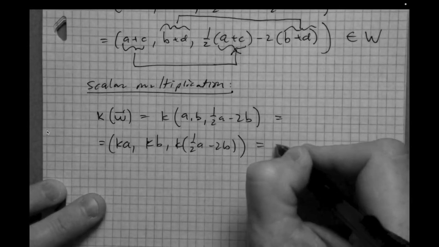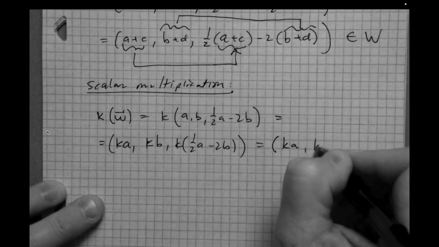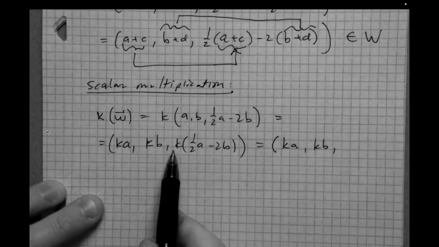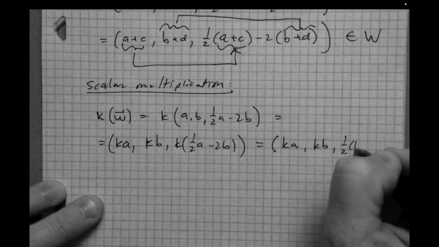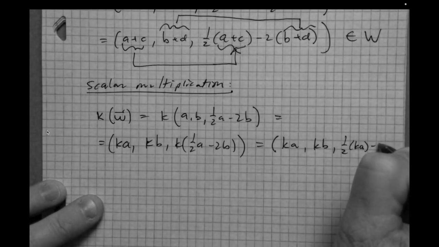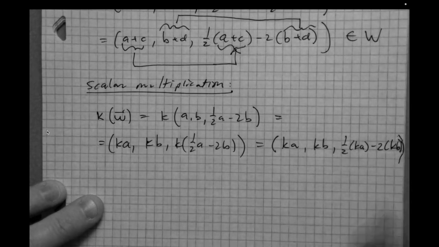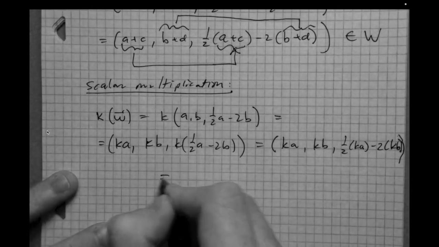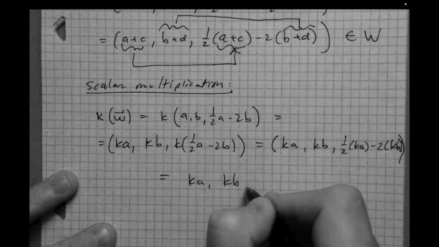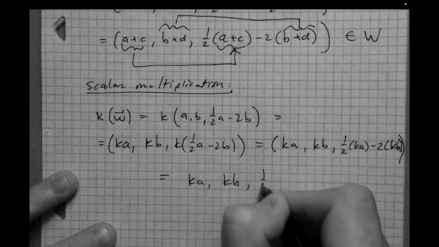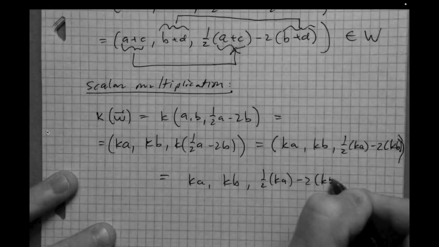And what I can do here is distribute the K, so it'll be 1/2 KA minus twice KB. Let me rewrite that. So KA, KB, 1/2 KA minus 2 KB.